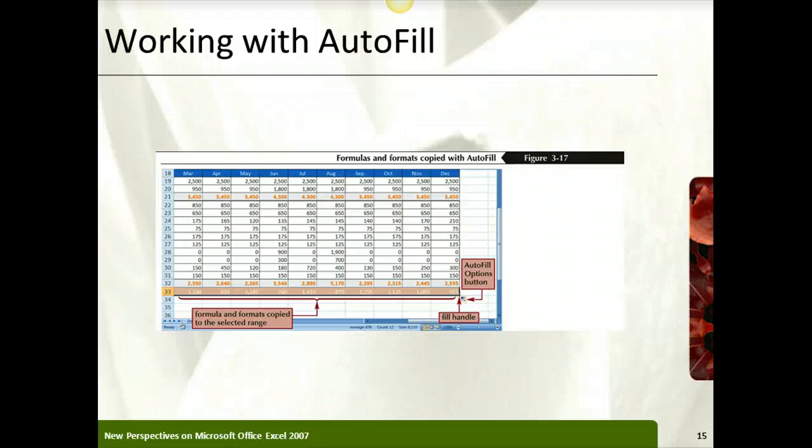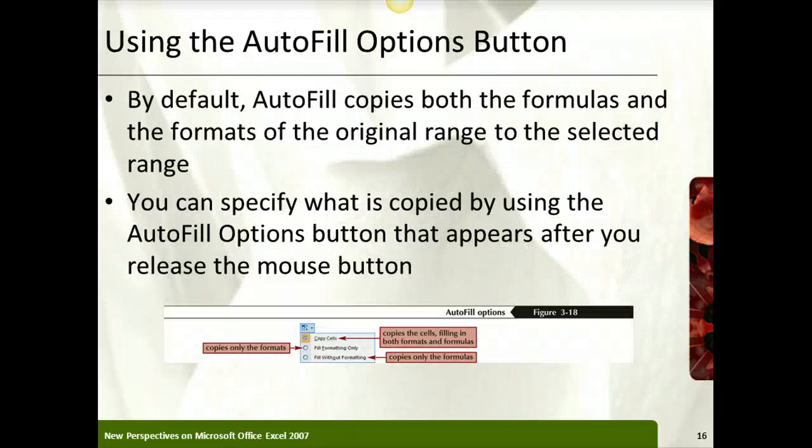Here's working with autofill, copying the formulas into a selected range. By default, the autofill copies both the formula and the formats of the original range. So for example, you have a column B with a total at the bottom of it.